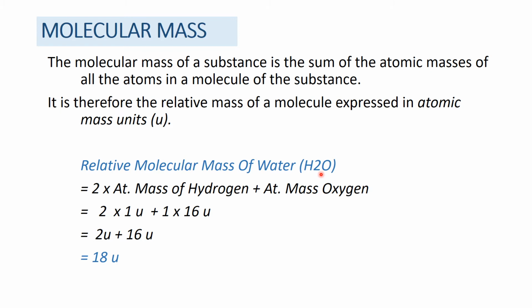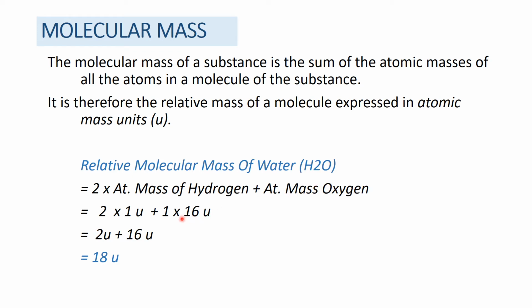Now see, what will you do? You will multiply the atomic mass of hydrogen by 2 because there are 2 atoms of hydrogen, and you will add the mass of oxygen. Here it is single, so you will just multiply it by 1.